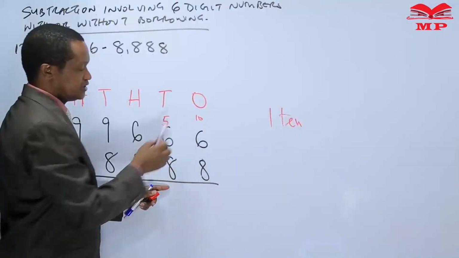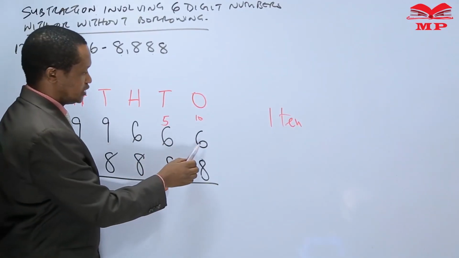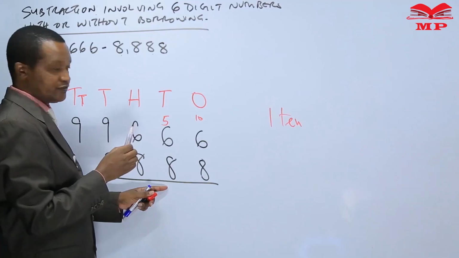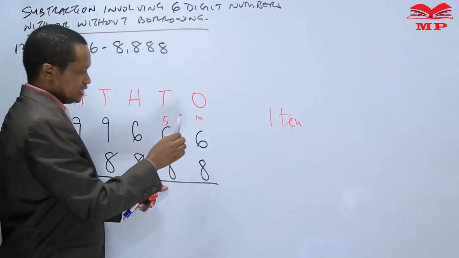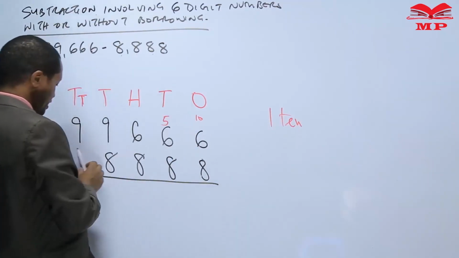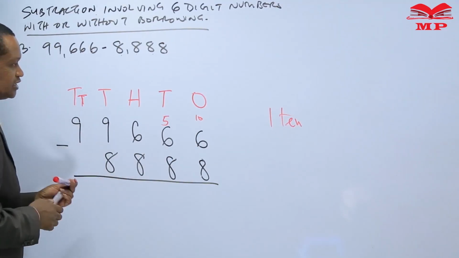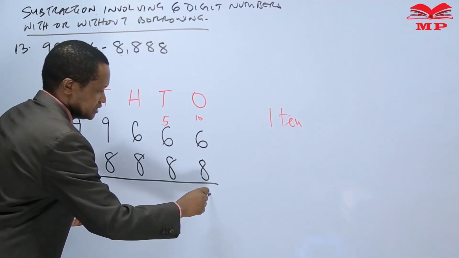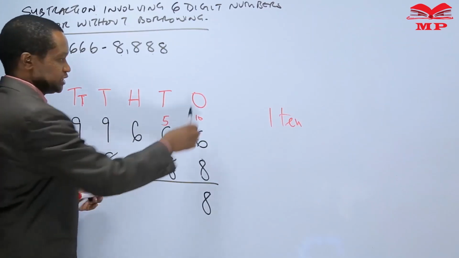So the 10, which you have borrowed, we add to this 6, which we have, giving us 16. Then 16 minus 8 will give us 8. We have subtracted the ones.